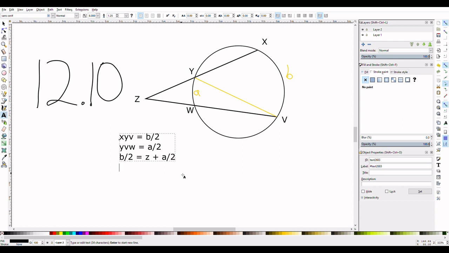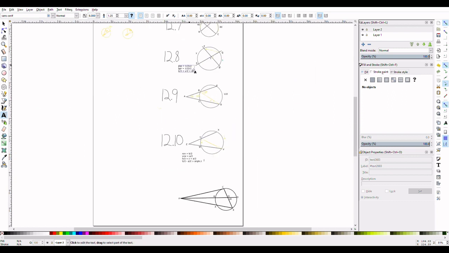To rearrange that, B over 2 minus A over 2 equals angle Z. And that's the general formula. B minus A over 2 equals angle Z. So knowing these relationships, the two relationships that we have discovered in this chapter, we'll be able to do all of the problems in this section.